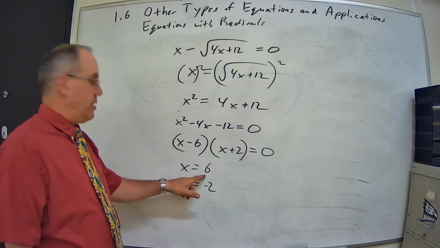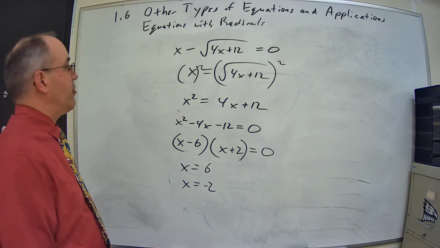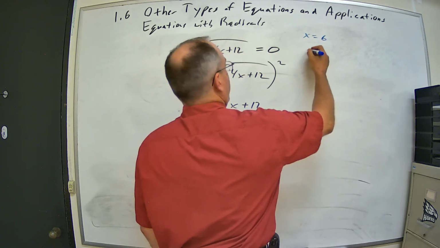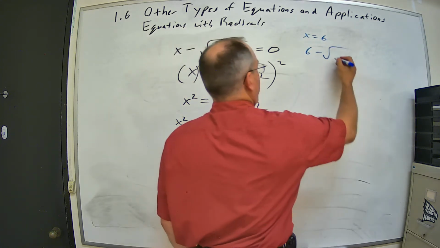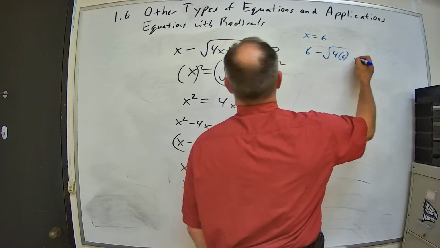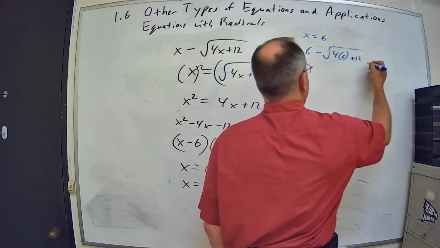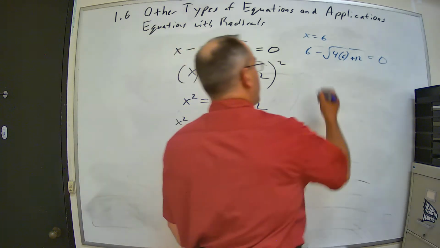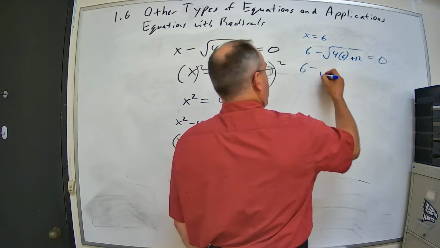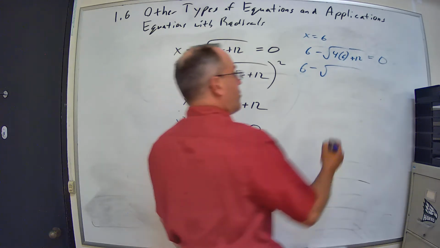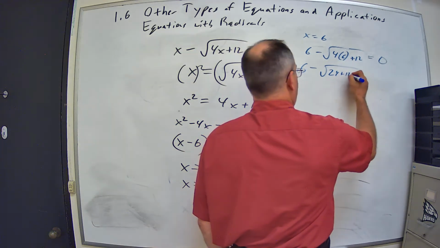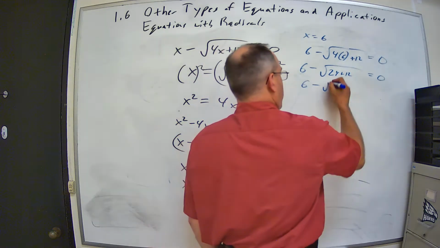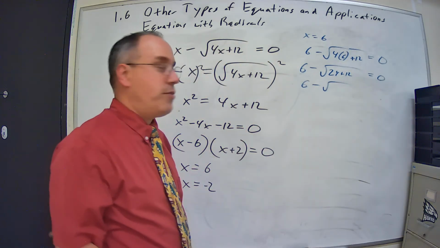Let's plug in 6 and see what happens. If I set x equal to 6, then I have 6 minus the square root of 4 times 6 plus 12 equal to 0. 4 times 6 is 24, and 24 plus 12 is 36.